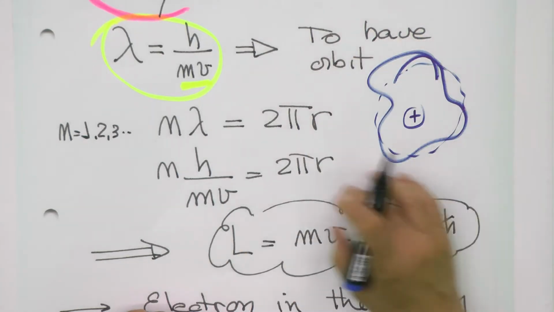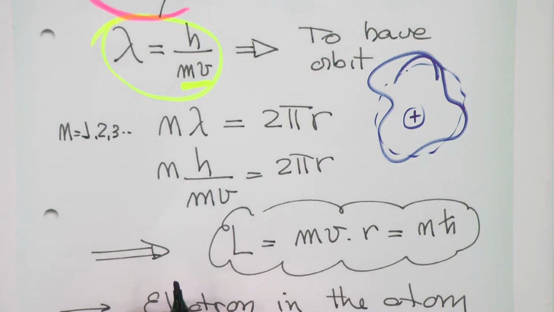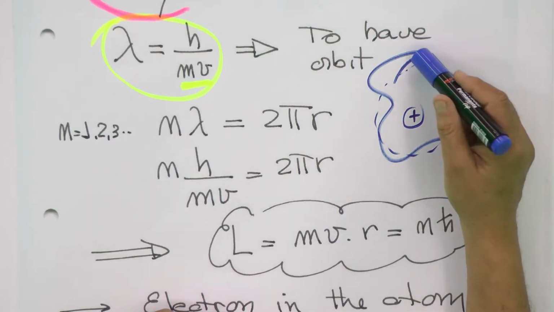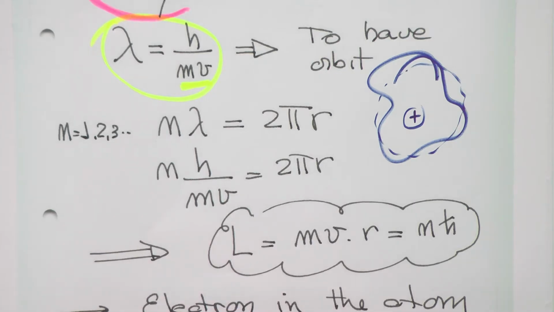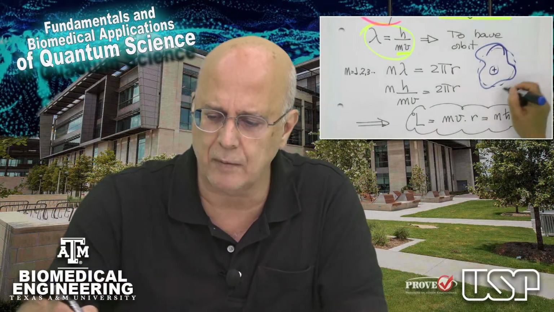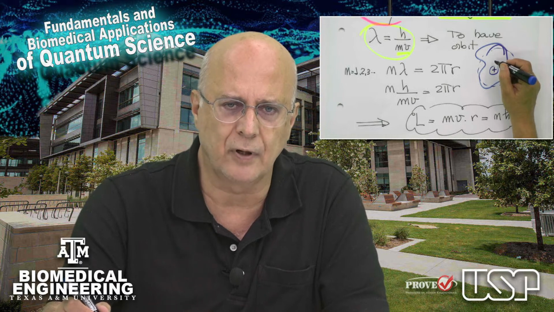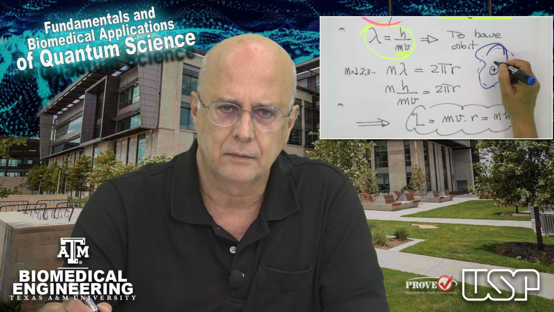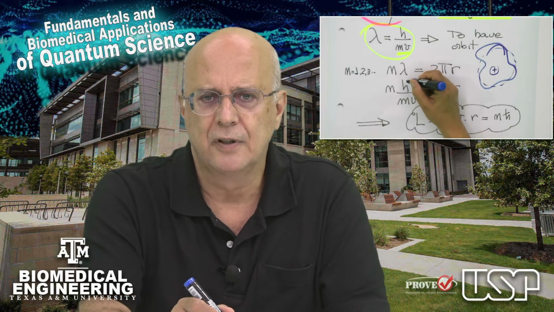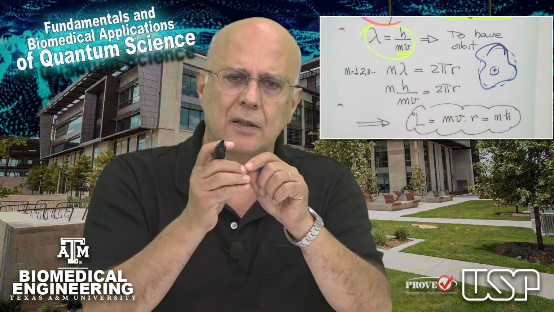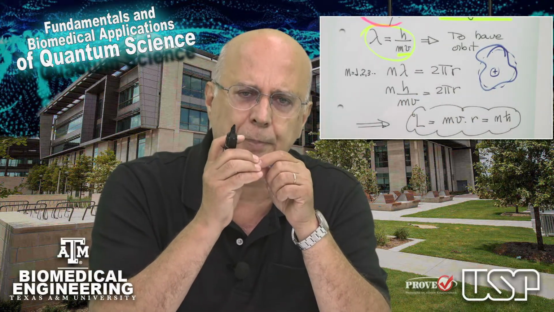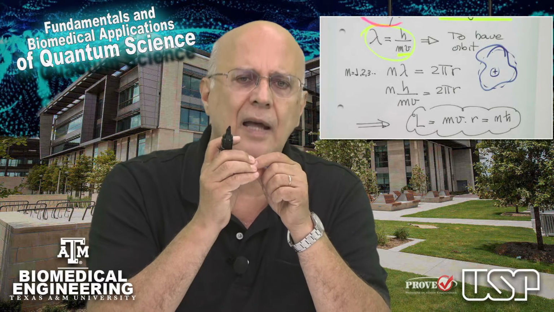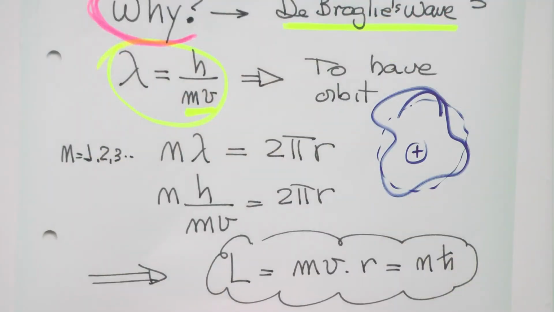This wave can overlap in one turn any way we want. But then there are big interferences if we don't match some conditions, because now, following Bohr, there is a stable orbit. So this is the space available for the electron. But if the electron is a wave, that space must be occupied in a precise way, because if I go 2 pi around, I have to come to the same point. It's not any wave that can be in this orbit.